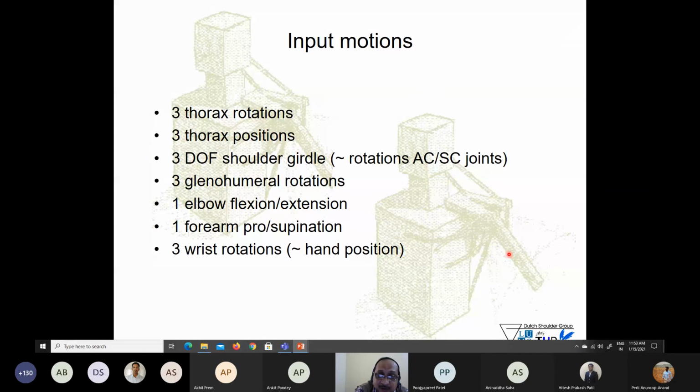Again, 3 degrees of freedom for the shoulder girdle, rotations of the AC and SC joints, 3 glenohumeral rotations, 1 elbow flexion extension, so that is a rotation, 1 pronation supination, that is another rotation. And you have 3 wrist rotations of the hand positions.